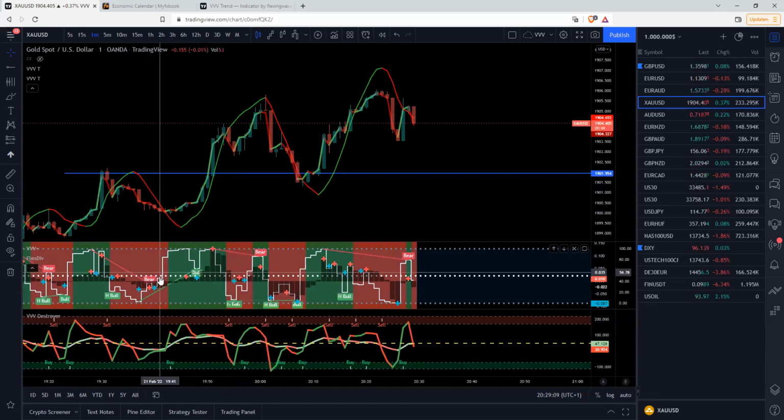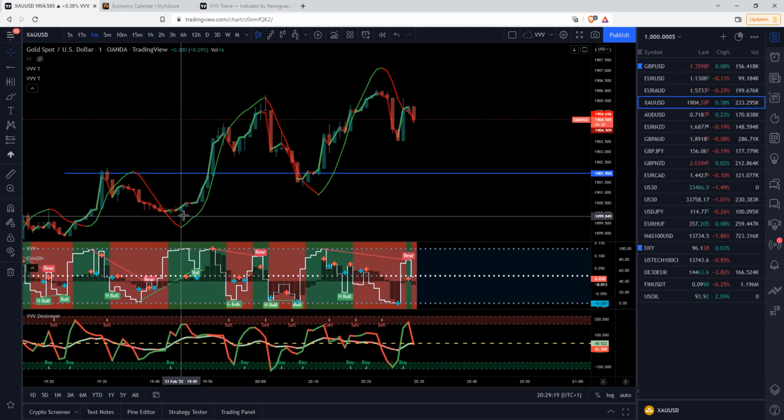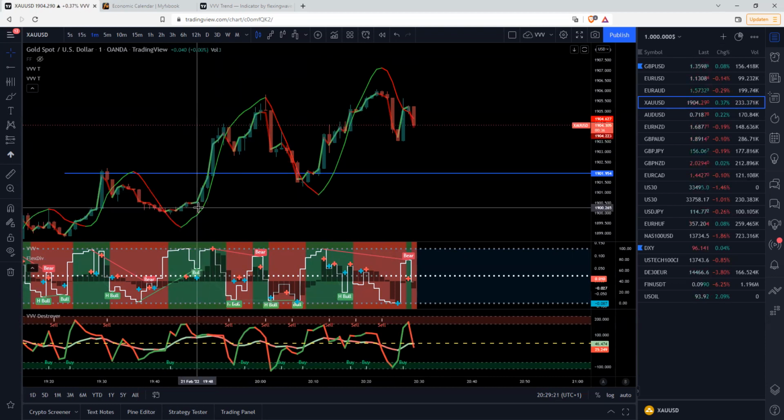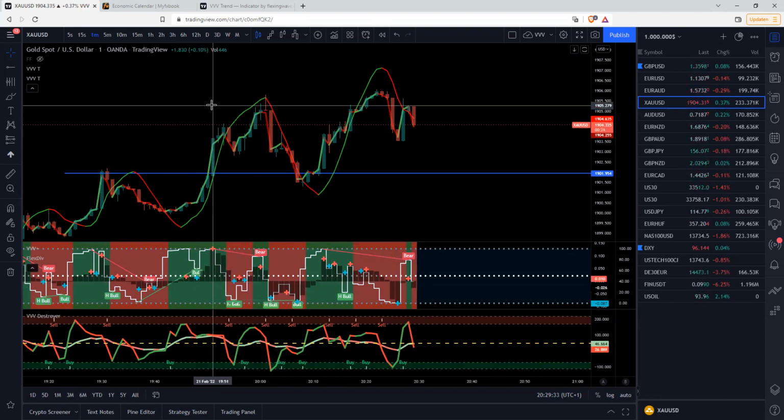Like we're breaking above, correcting down here we get the bullish signal, and then we're going up. All right, the cross was there, the green colors were there, and the flex div break above the zero line, what we are using on the VVV.